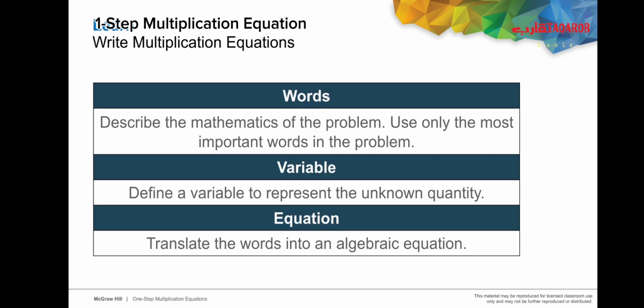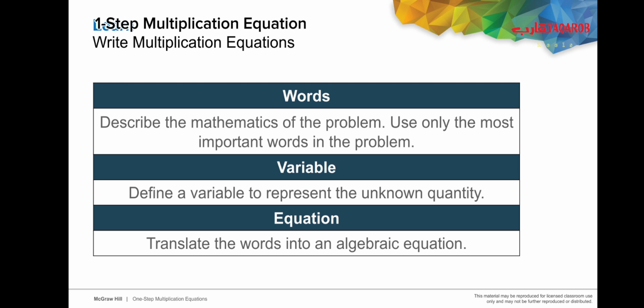Now, as you are looking here on the table, to form an equation, I need to look for 3 steps. I will start with the words, which I call keywords in the problem, that will help me decide that this is a multiplication problem. After that, I will define a variable.